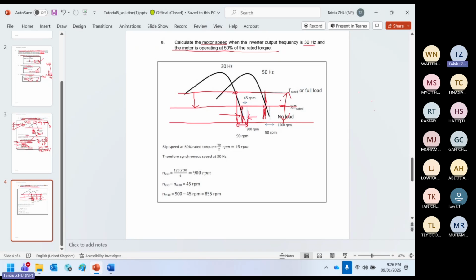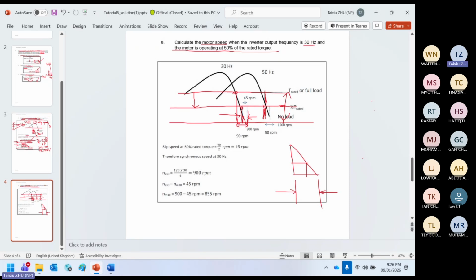Now because your torque is halved, we assume this one is a linear one. I'll draw a better one, like this. Now between here and here, how much is it? 90.